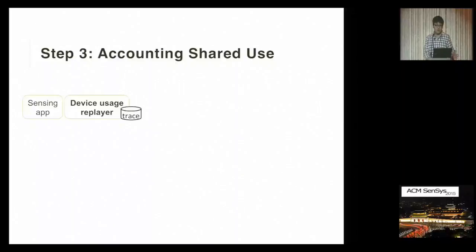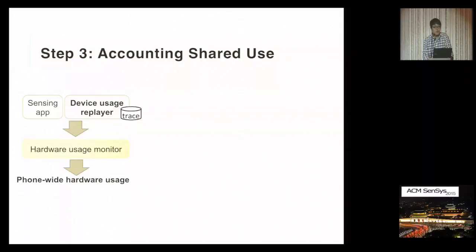The last step for accurate power estimation is to account for the shared power use with existing applications. For this purpose, the device usage player replays the device usage trace to consider the existing applications the hardware sees. So the output from the hardware usage monitor is the phone-wide hardware usage, not the sensing application-wide hardware usage.